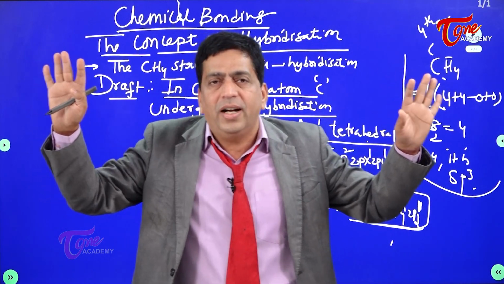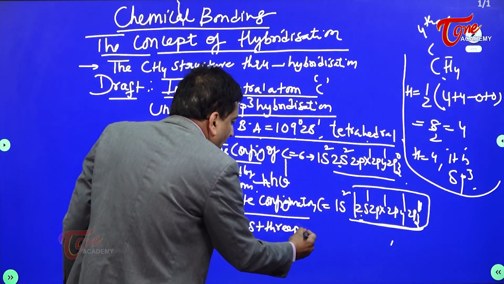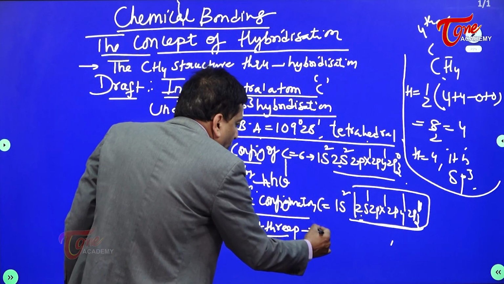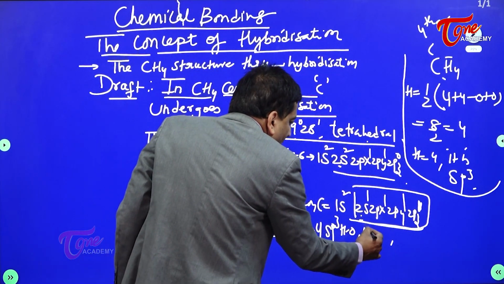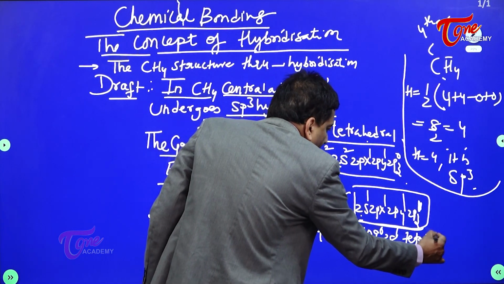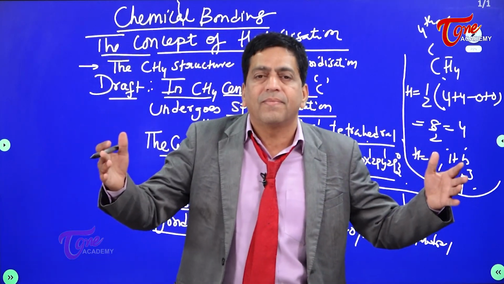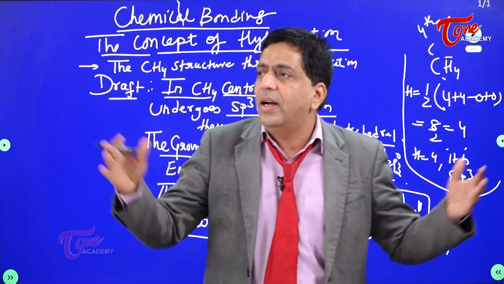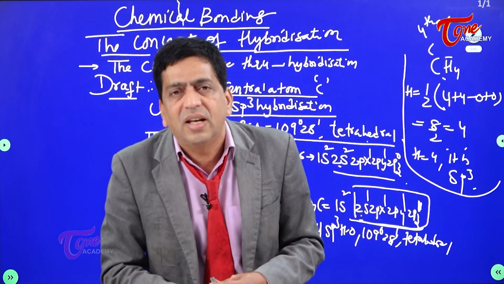I'm ready. Right? So let us intermix. So 1s and 3p's, 1 plus 3 will give you 4 sp3 hybrid orbitals, with bond angles 109 degrees 28 minutes and the shape is tetrahedral. So I'm getting ready, no time. The hydrogens are coming, they are releasing energy, I have absorbed it, I have risen to excited state.